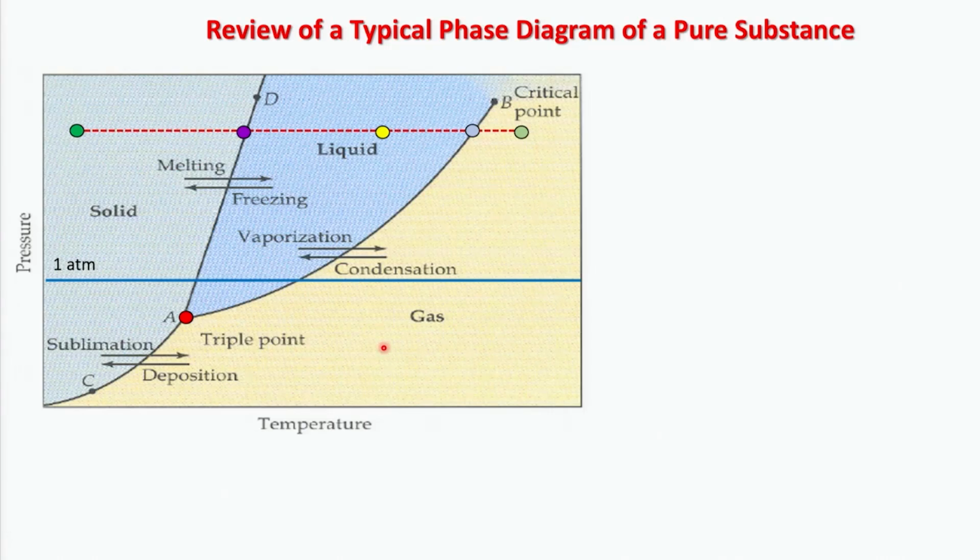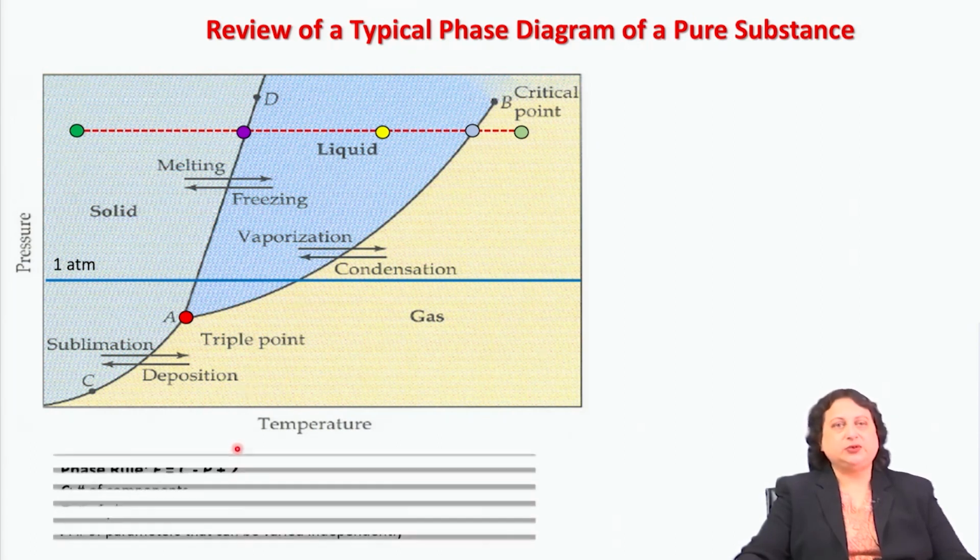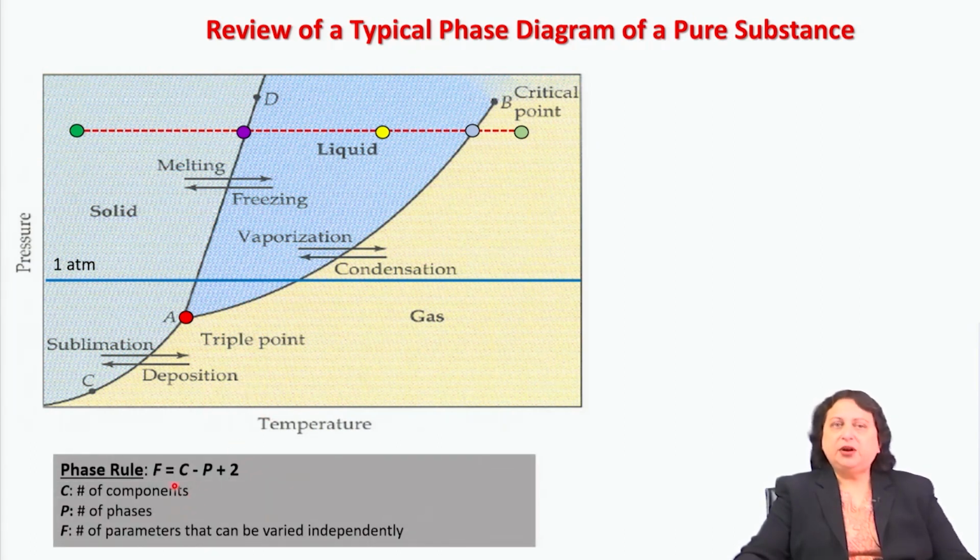So, let us start by reviewing a typical phase diagram of a pure substance. The number of components that I have in my system of interest is 1. Now, I know from the phase rule that the number of degrees of freedom to describe any system is dependent on the number of components present in the system, the number of phases present in the system, and the relation is f, that is the number of parameters that can be varied independently to describe the thermodynamic state of the system.